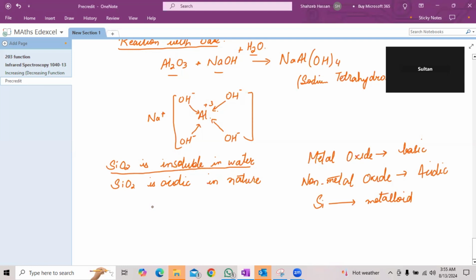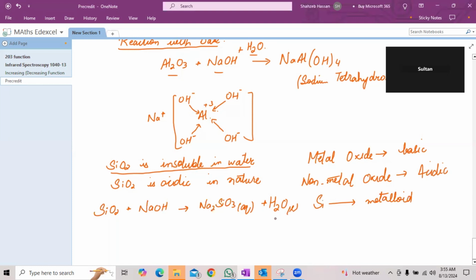It reacts with sodium hydroxide and forms sodium silicate in aqueous form, and then there is production of water as well, which is in liquid form.